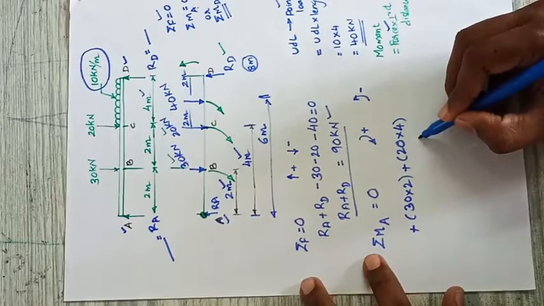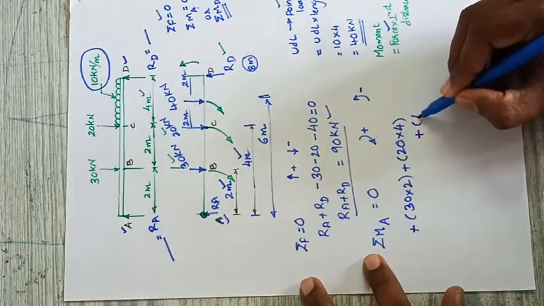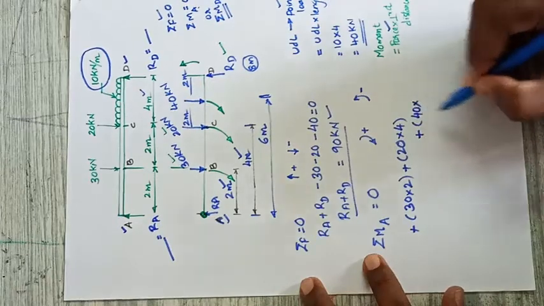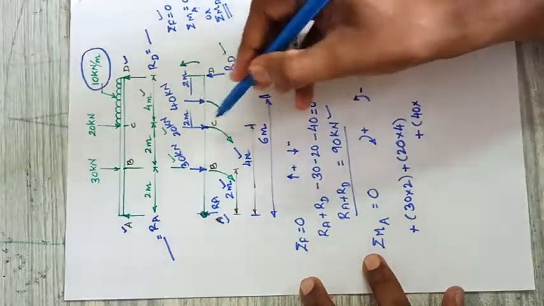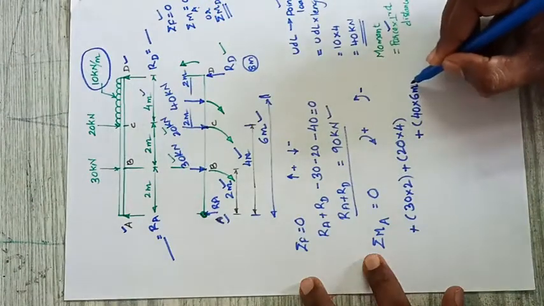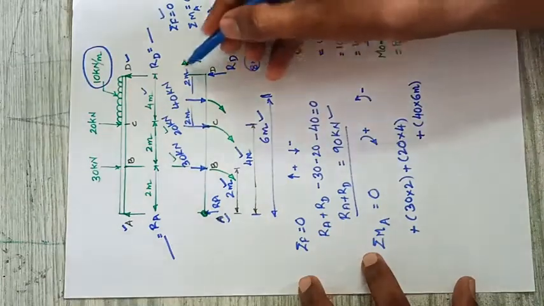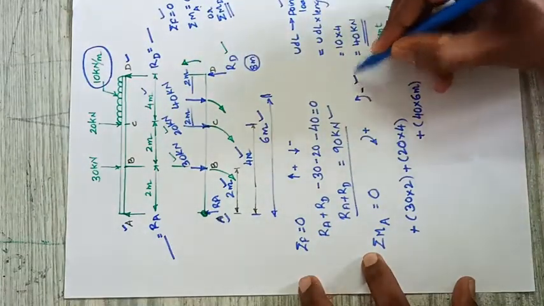Next is 40. It is a point load and it is also acting clockwise. So 40 into the distance, here it is 6 meter, 40 into 6. The remaining is RD. It is acting anti-clockwise, and anti-clockwise is negative.